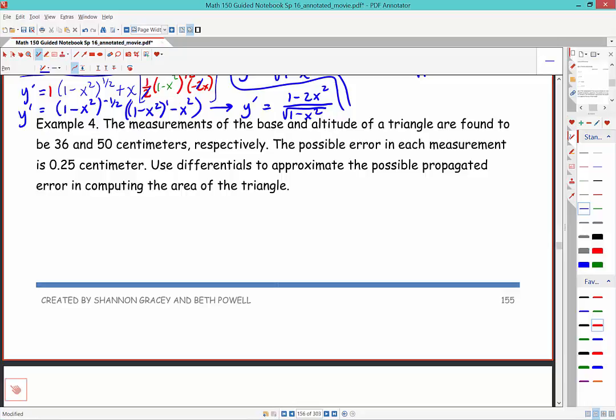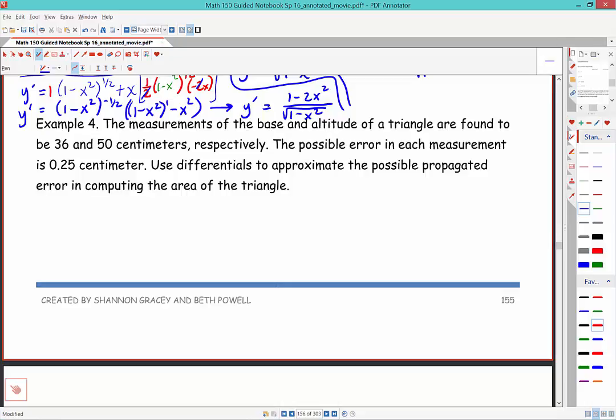So measurements of the base and altitude of a triangle are found to be 36 and 50 centimeters respectively. The possible error in each of the measurements is 1/4 centimeter, and we want to use differentials to approximate the possible propagated error in computing the area of the triangle.